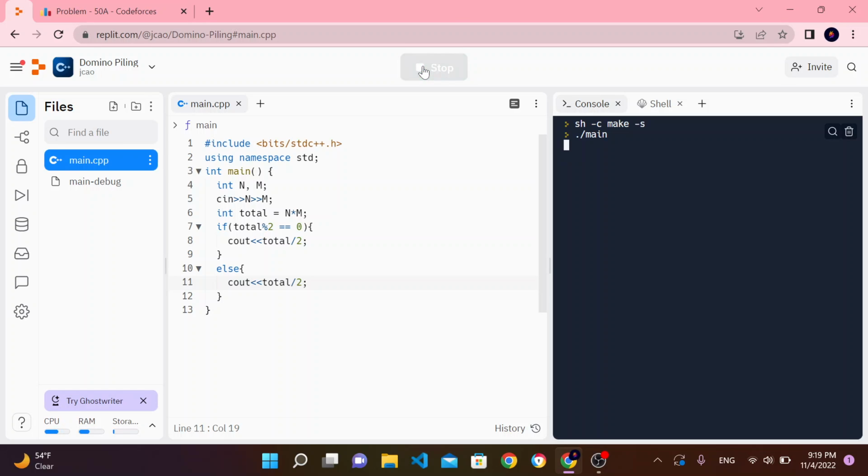And if we try a big number, like 100, 10,000, and this number, which is even, it should be whatever that is. Let's try a smaller number, 10 and 9. Yeah, so it'd work like that.